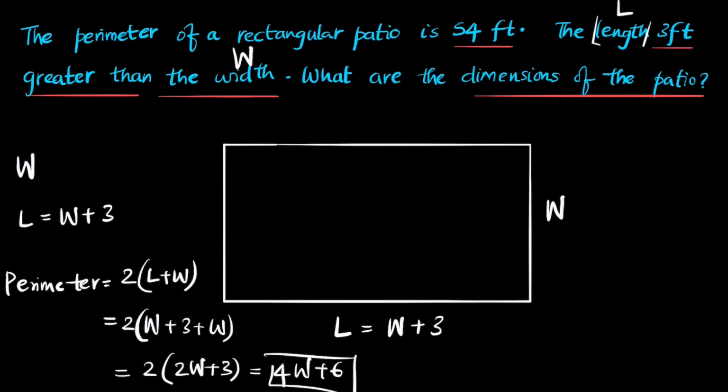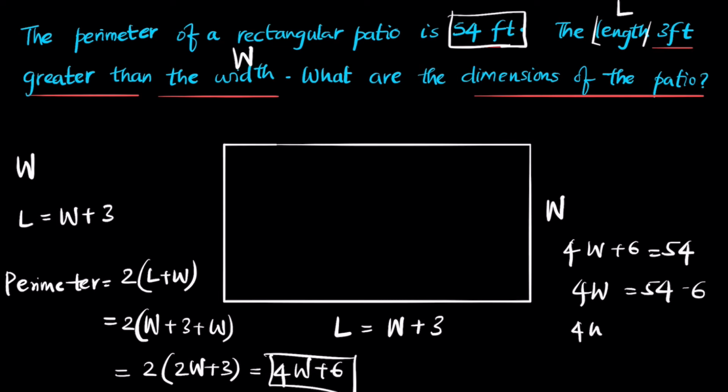This is the perimeter in formula, but the value is given already as 54 feet. So write down 4W plus 6 is 54. So 4W becomes 54 minus 6. So 4W is 48, so W is 48 divided by 4, which becomes 12. So the width is 12 feet.